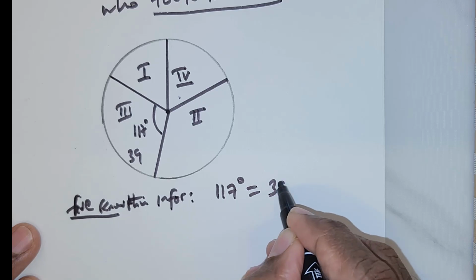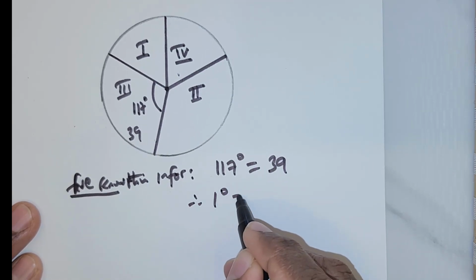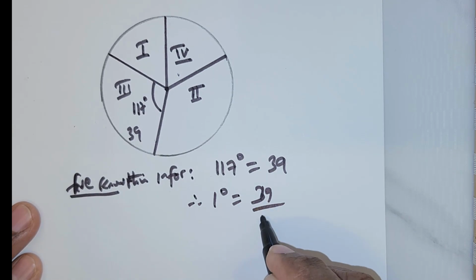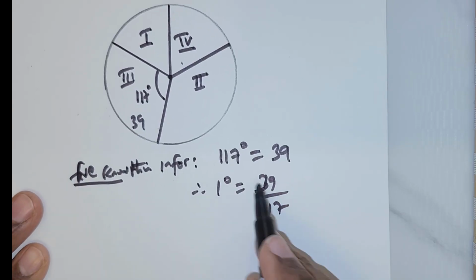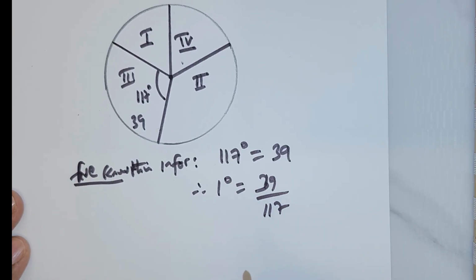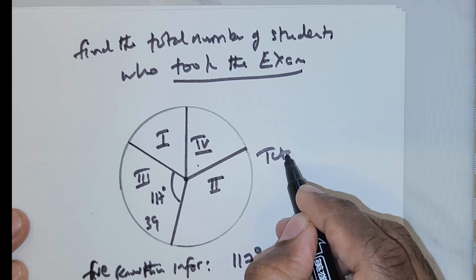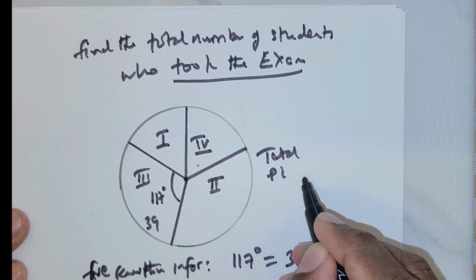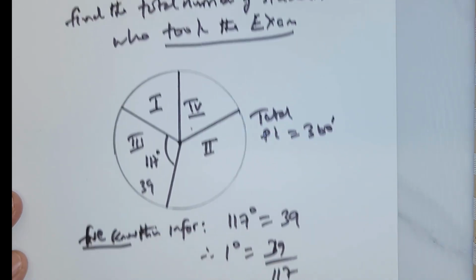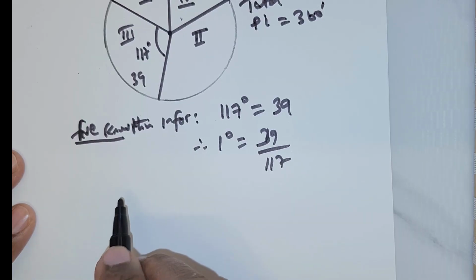117 degrees is equal to 39 students. So therefore 1 degree is 39 divided by 117. So this is the measurement we are being given. So the total pie is 360 degrees. Okay.